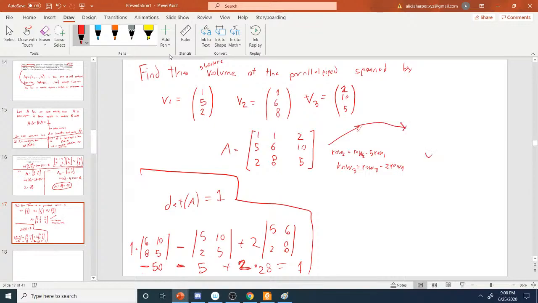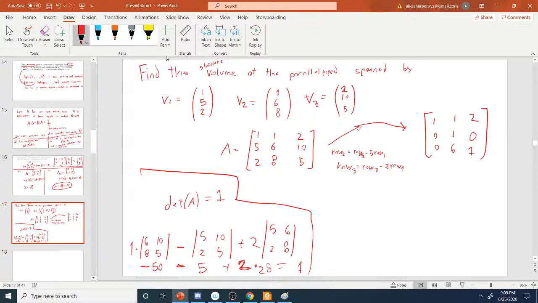If I do that, I'm going to get 1, 1, 2 here, 0, 1, 0 here, and then 0, 6, 1 here.